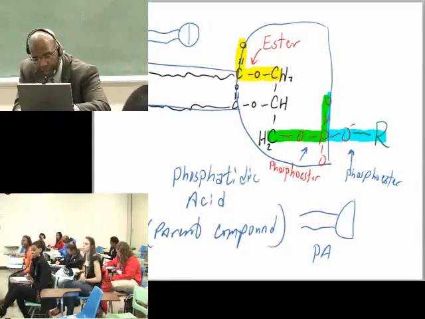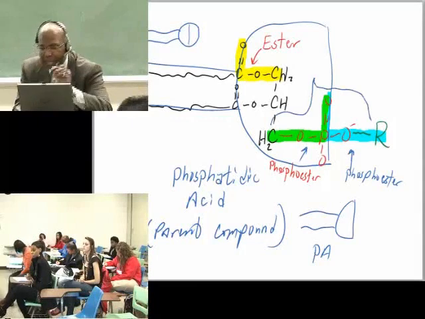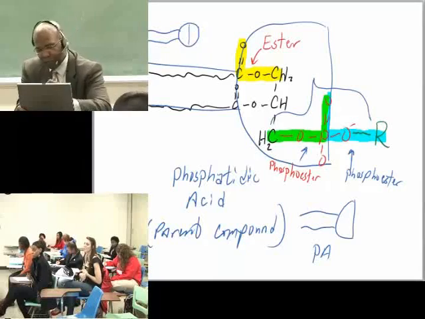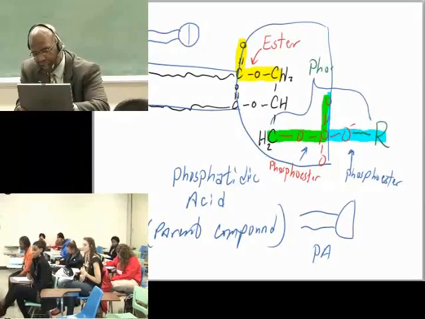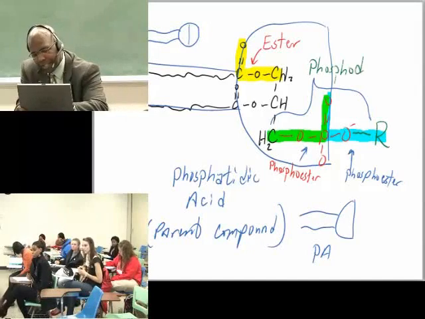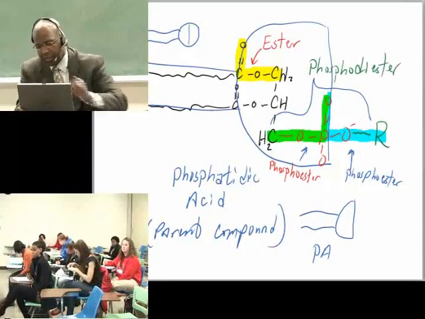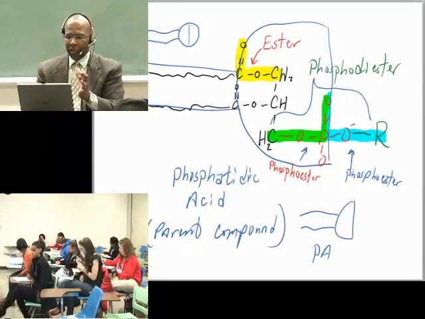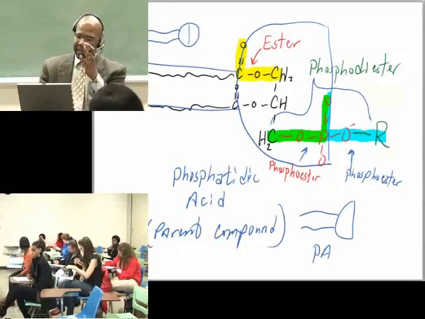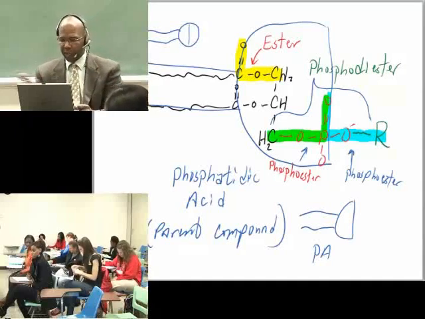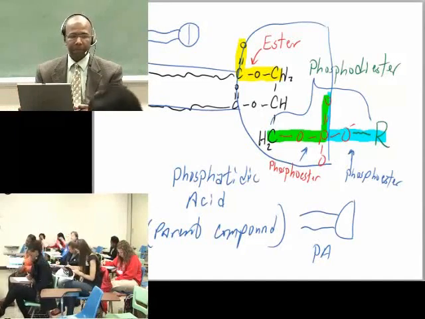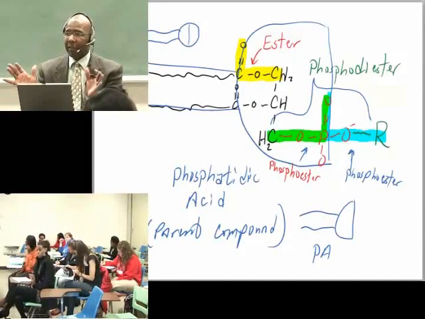But both of these bonds together make two phosphoesters. And what do we call two phosphoester bonds? A phosphodiester. And so this is a phosphodiester. There's going to be a phosphodiester linkage that attaches the phosphatidic acid to whatever the R group is, to make the different phospholipids. Okay. Everyone okay with that?